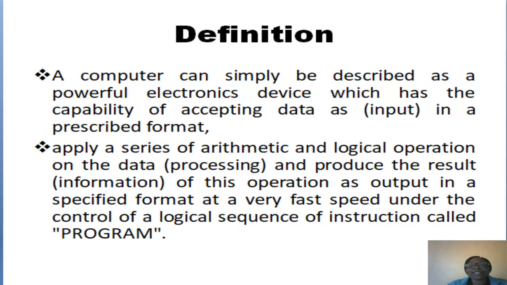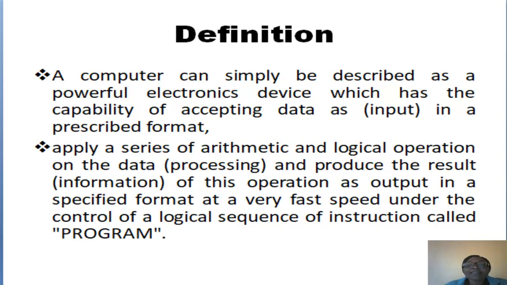But the one I have in the lecture notes that you have is: a computer can simply be described as a powerful electronic device which has the capability of accepting data, known as the inputs, in a prescribed format, the format you want that data to be.